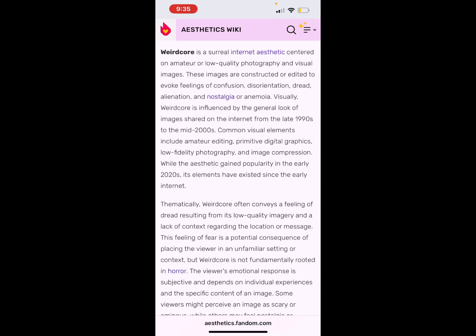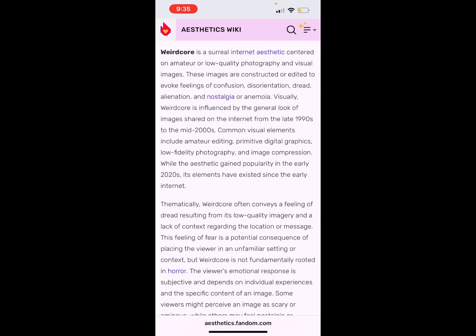Visually, Weirdcore is influenced by the general look of images shared on the internet from the late 1990s to the mid 2000s.